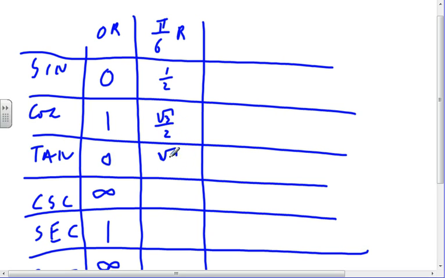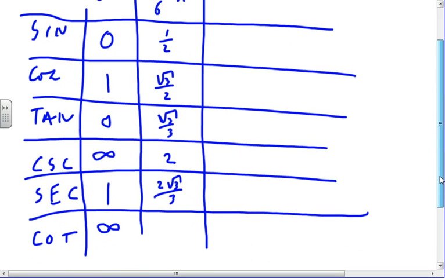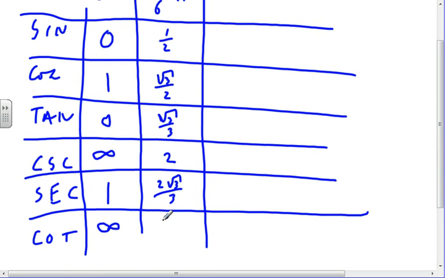Square root of 3 over 3, and this guy's going to be 2. This guy's going to be 2 the square root of 3 over 3, and cotangent. Quick, look, what does it say? Cotangent is square root of 3. I knew that. Square root of 3.